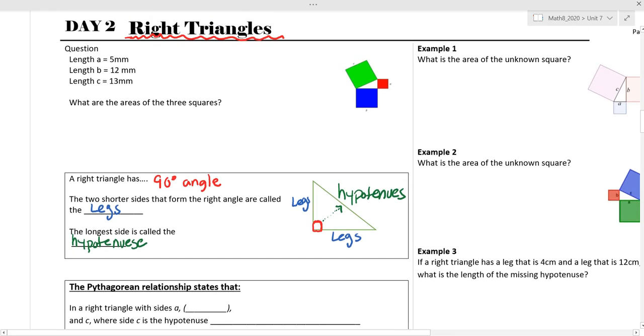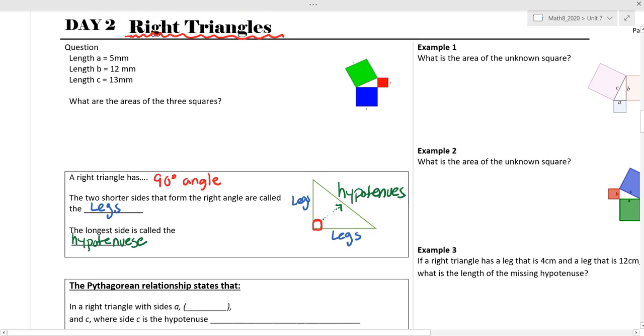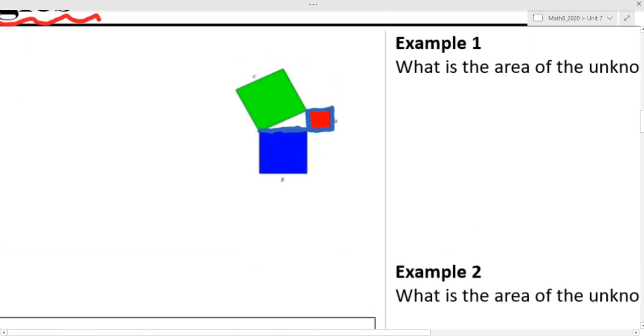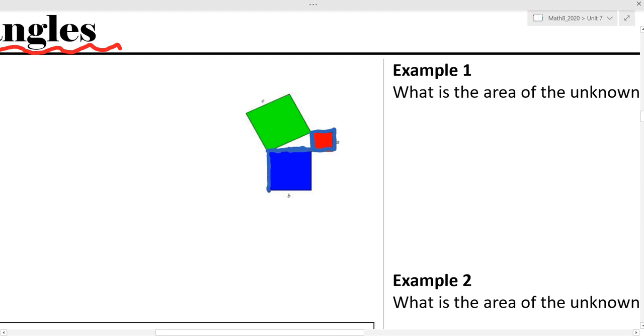So what he noticed is, hey, if you were to draw a square off of each of the legs, so create a square off this leg and take a square off this leg, then draw a square off of the hypotenuse. Okay.